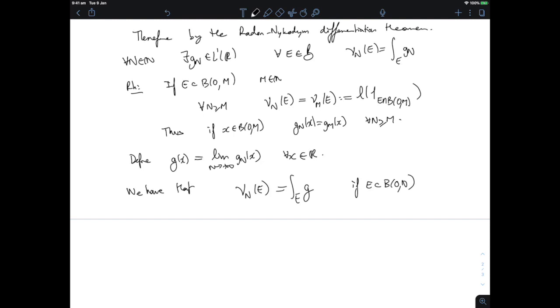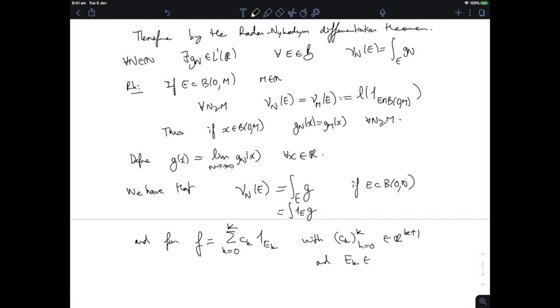Now, by the way, this is equal to the integral of the indicator function of E times G. So you can take linear combinations of that, and for a simple function of the form sum of ck indicator of Ek, k between 0 and some number, I better not call it capital N, let's call it capital K, with ck's being some numbers, and Ek being Borel sets, to the capital K plus 1.